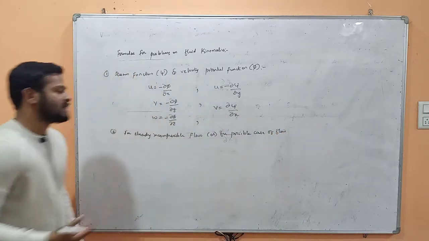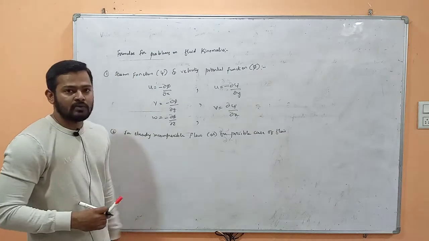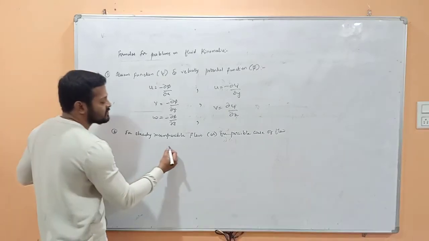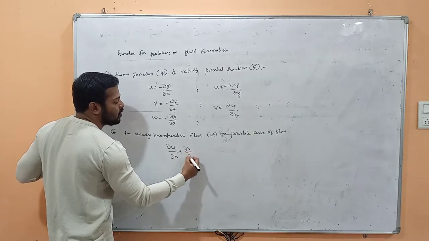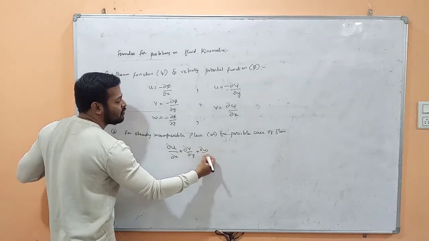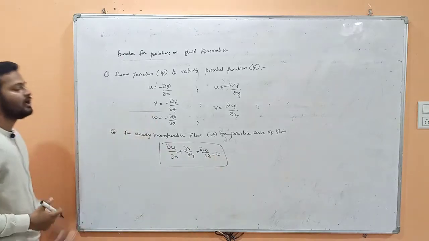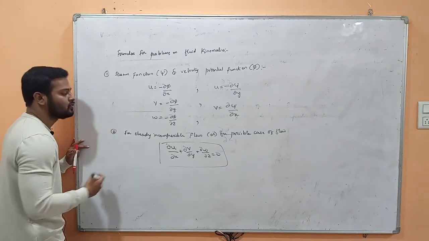If in the exam you are asked to find whether the given equation is a possible case of flow or for steady incompressible flow, it should satisfy your continuity equation, which is dou u by dou x plus dou v by dou y plus dou w by dou z is equal to 0. For now you remember these formulas. I will help you in understanding how to use these formulas.